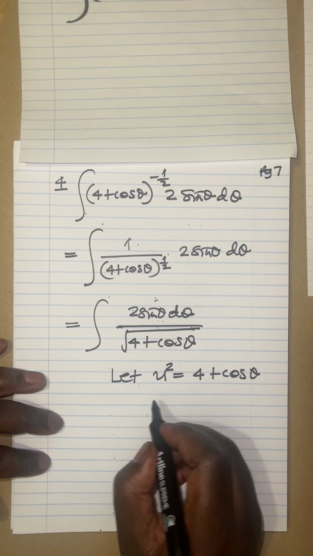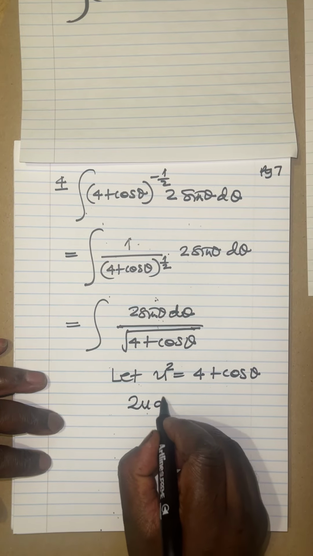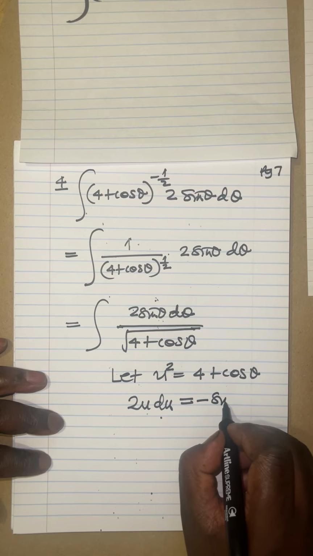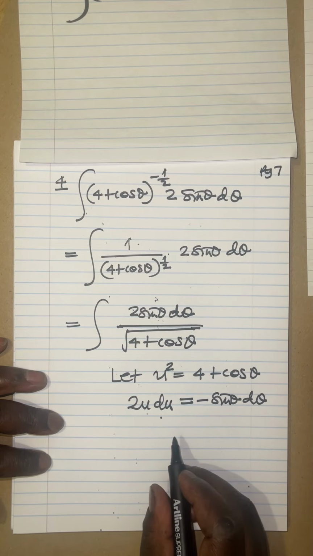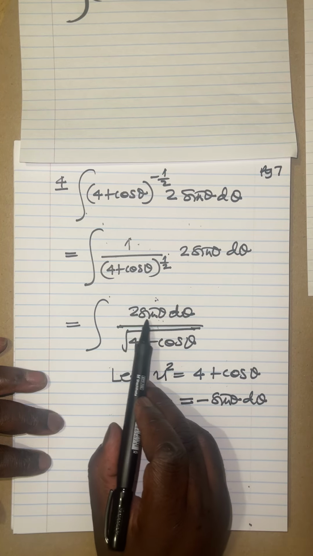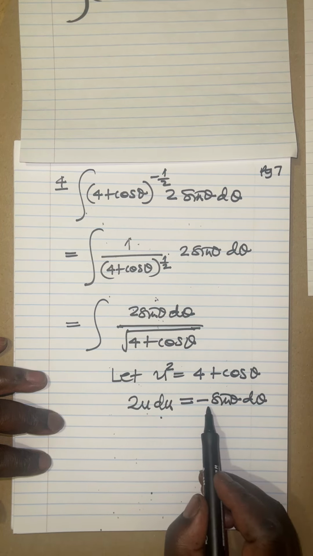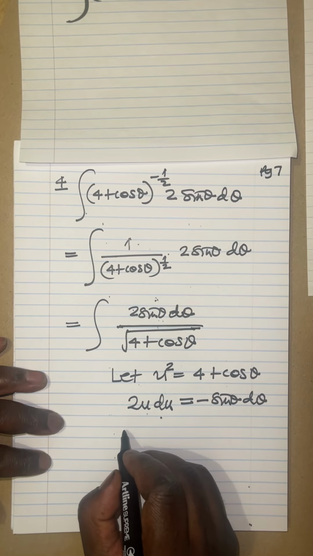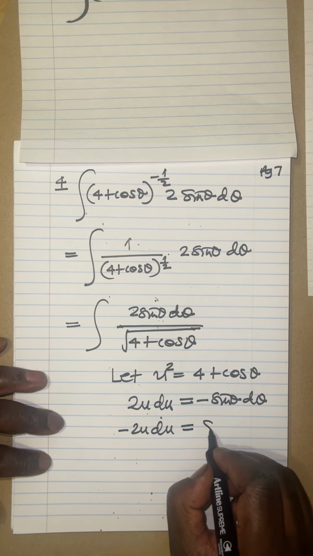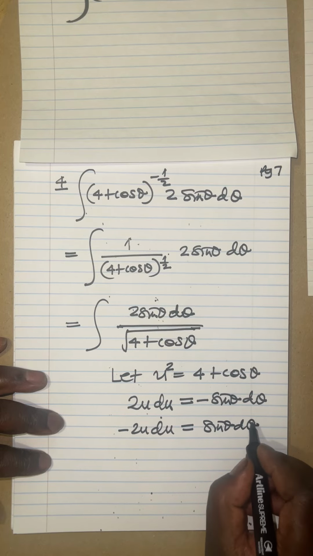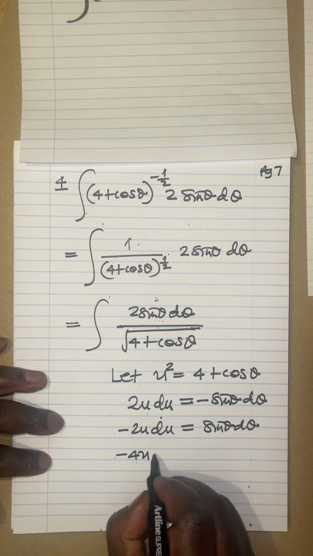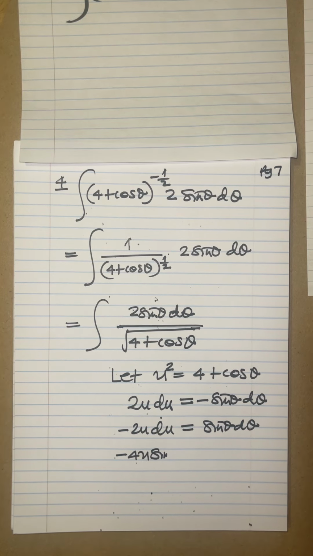Now if I differentiate both sides, I'm going to get 2u du on the left is equal to derivative of 4 is 0, cosine is minus sine theta d theta, and then I must take the minus to the left because there's a 2 sine theta there, and I'm going to need a 2 there. So let me take the minus to the other side. So I'm going to have minus 2u du equals sine of theta d theta. And here I have a 2, so I must multiply both sides by 2. So this is minus 4u du.